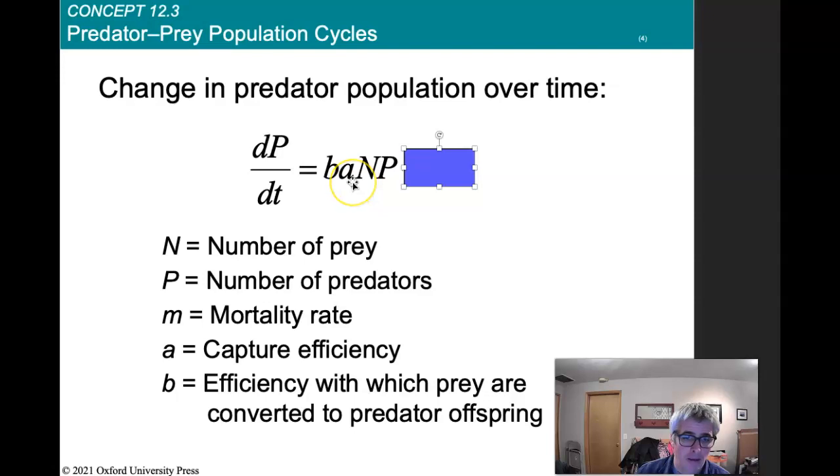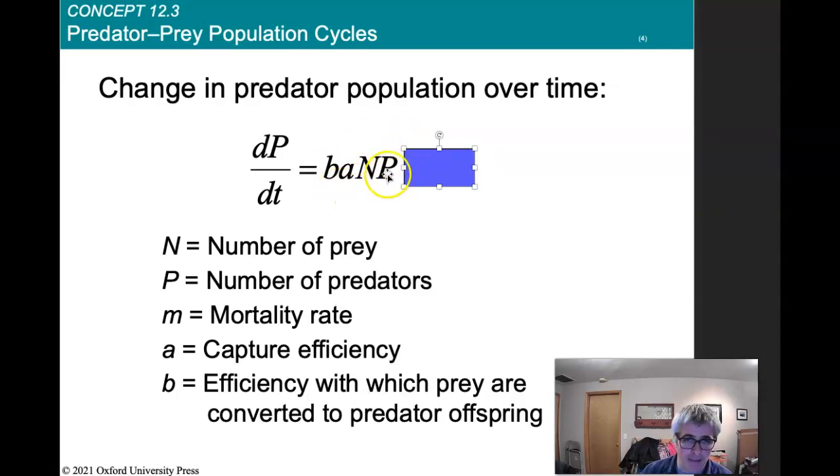A, we already talked about, so that's the capture efficiency. So we're saying that the change in predators over the change in time is related to the number of predators and the number of prey multiplied by the capture efficiency of them, how well predators capture those prey.